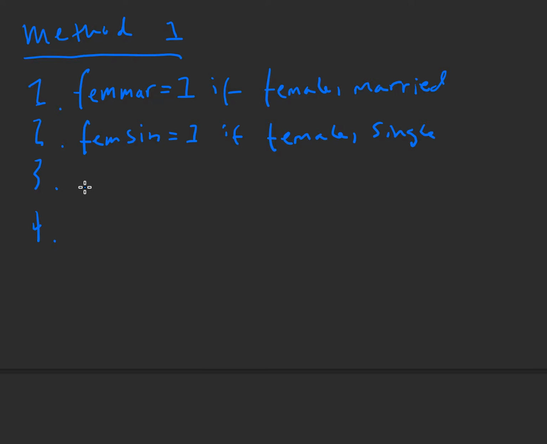We can generate a dummy variable MALEMAR, which is equal to 1 if male and married, and finally we have our base group.